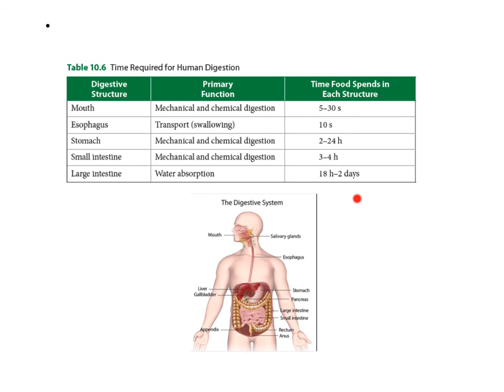So it really depends. Typically though, it will say 18 hours to 2 days for water to be absorbed. But of course, you can always increase the rate of materials moving through your intestine by increasing your fiber intake, as an idea.